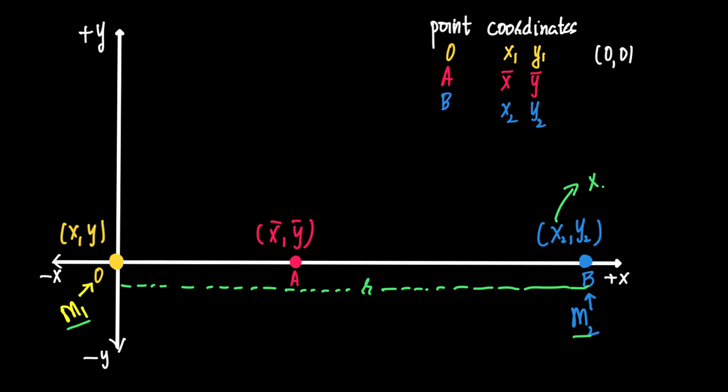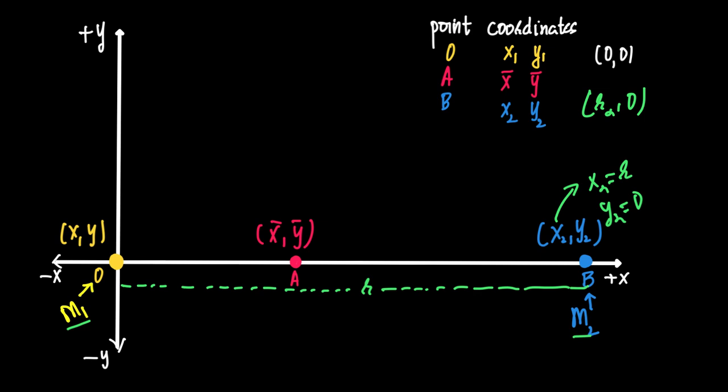Then x2 should be equal to r, right? What is y2 then? y2 is the y coordinate of this point. This point B is on the x-axis. Any point on the x-axis, the y coordinate will be equal to 0. Therefore, y2 should be equal to 0, which means these coordinates become r, 0.